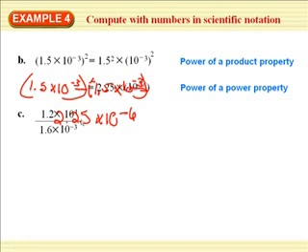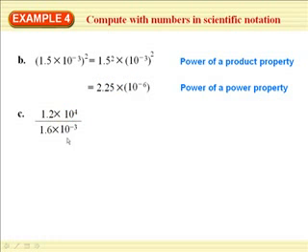Okay, and then dividing, you do the same thing. You divide these two. So it'll be 1.2 divided by 1.6 is 0.75, and then you subtract the exponents. 4 minus negative 3 is positive 7, so times 10 to the 7th.